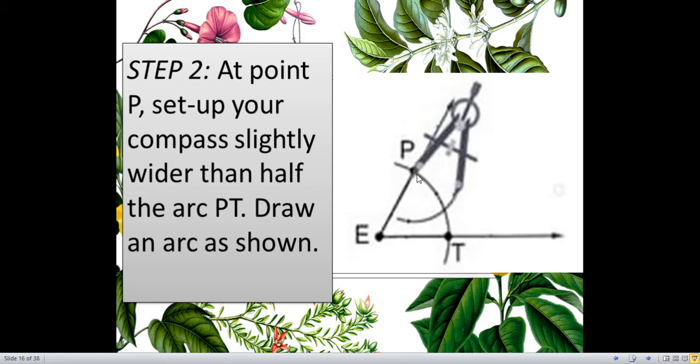So again, it should be wider than half the arc PT. Since this is your arc PT, you will draw another arc, or a semicircle. So that is for step 2.